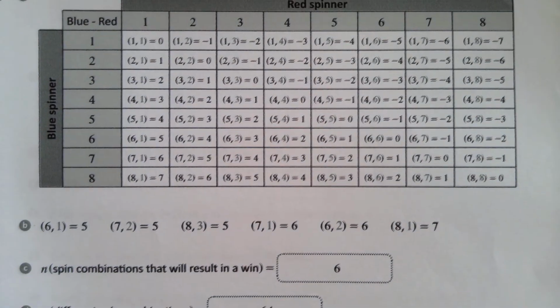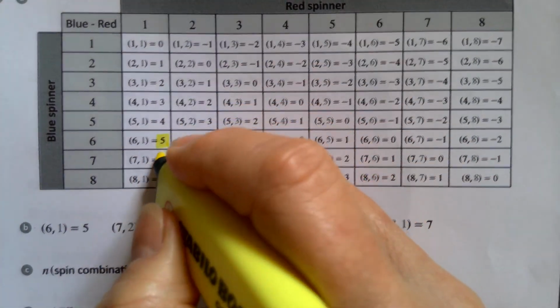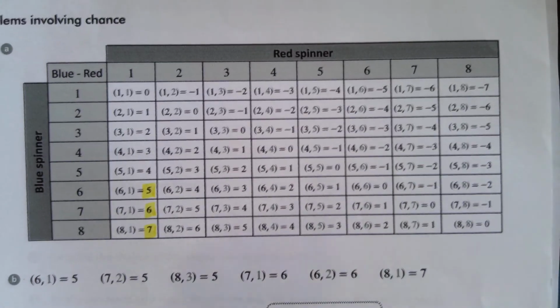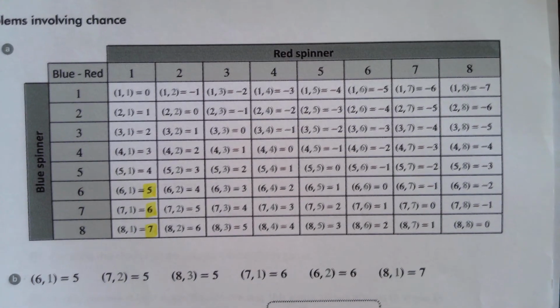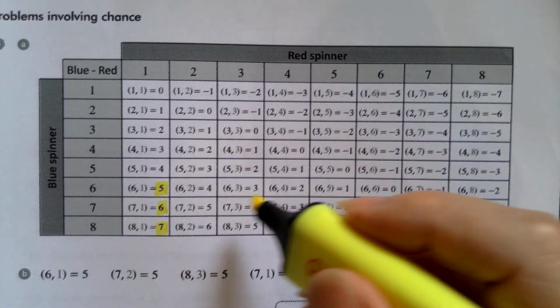So you need to go back. You need to find all the +5s or more, and you need to write them down. So here is all your combinations that you're going to have to write down. +5 or more.